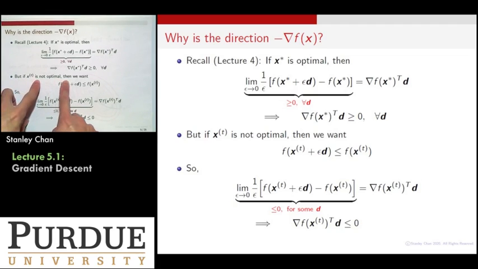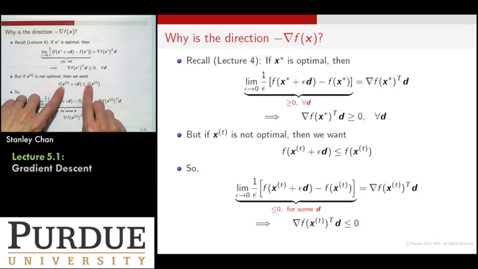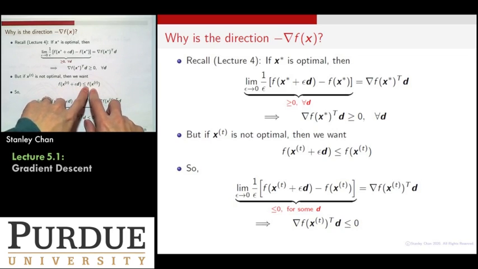Alright, so that goes to the second point. If x of t is not optimum, then what do we want? Well, let's look at this equation. You have f on both sides, and on the left-hand side, you are evaluating at x of t plus epsilon times d. That means you are currently at x of t, and you want to find a good search direction with a certain step size epsilon. Hopefully, when you go there, you evaluate your point, and then you have a lower cost value than where you currently are.